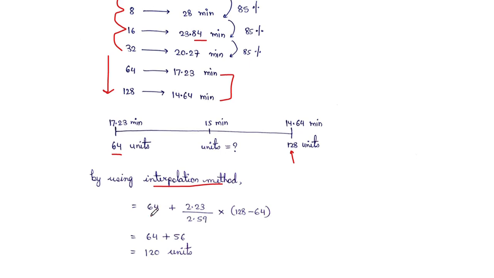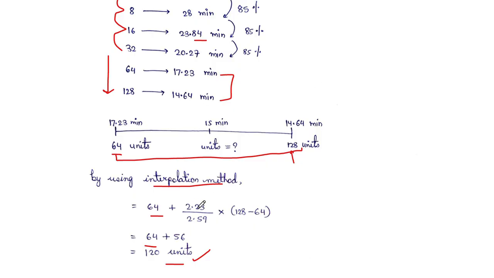First we will add 64 plus the difference between these two times, 2.23 divided by 2.59, into the difference between these units, 128 minus 64. So 64 plus 56 is equal to 120 units. So within the 15 minutes, units produced is 120 units.